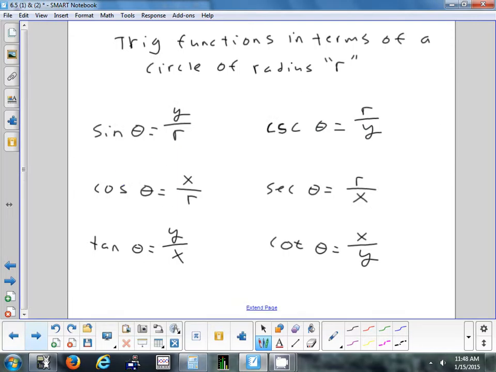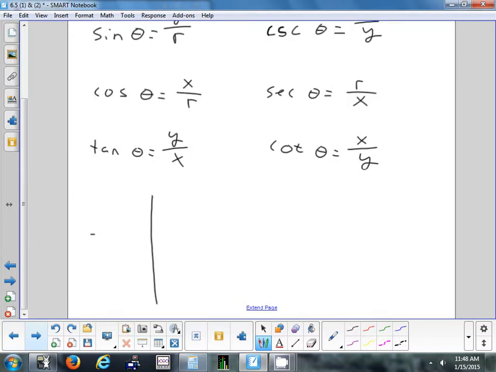Take a circle, put a point on it, draw a triangle. Let's call the sides x, y, and r. Put theta right there. Using the words opposite, adjacent, and hypotenuse, what's the definition of sine?